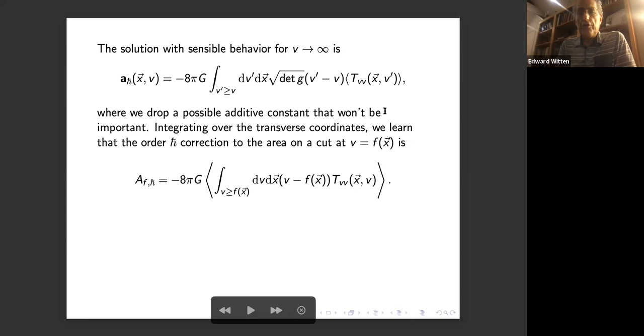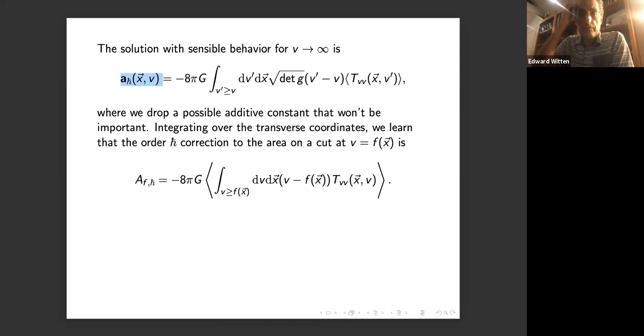Now I integrate over the transverse coordinates. And you see, the order h bar correction to the area is just the integral of a h bar. Little a is the area density, so little a h bar is the order h bar correction to the area density.